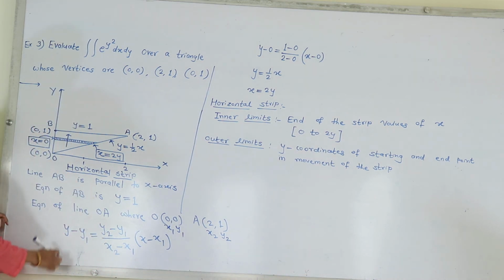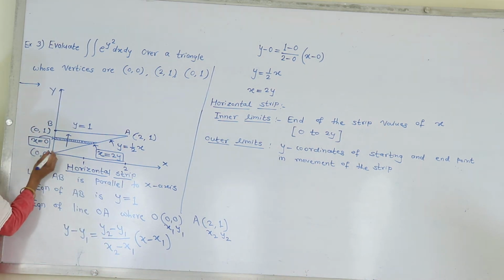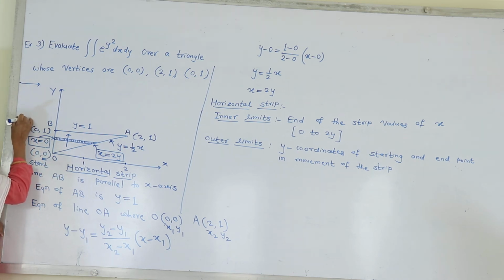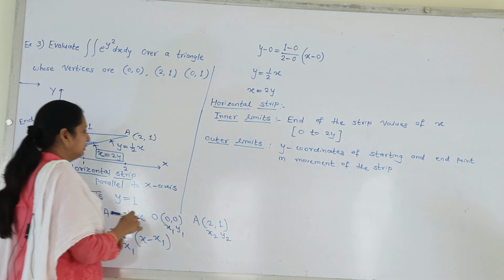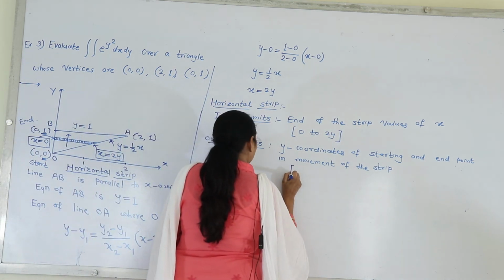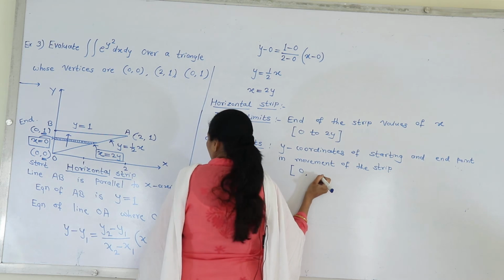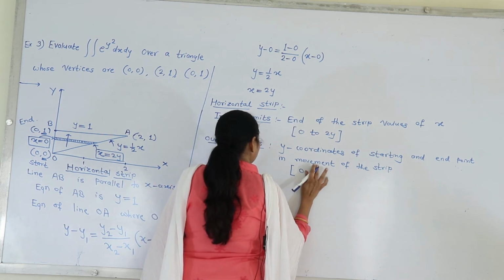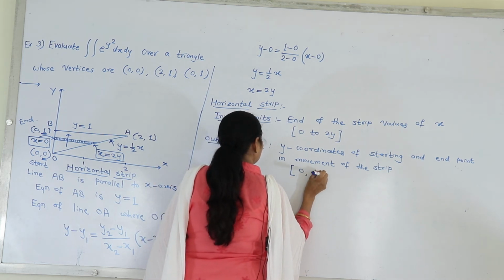Now direction is upward, so starting point is 0 0, its y coordinate is 0, and 0 1 is end point, its y coordinate is 1. 0 0 and 0 1, y coordinate 0, end point y coordinate 1, that is 0 to 1.